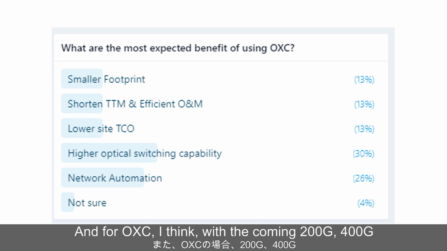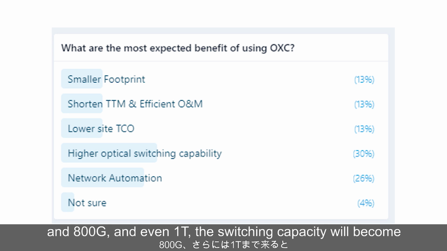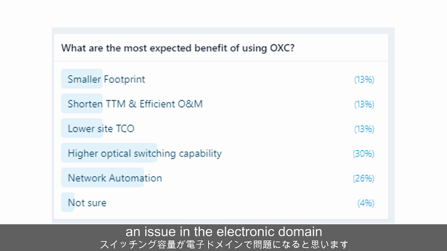And for the OXC, I think because with the coming of 200G, 400G, and 800G, and even 1 terabit, the switching capacity will become an issue in the electronic domain.